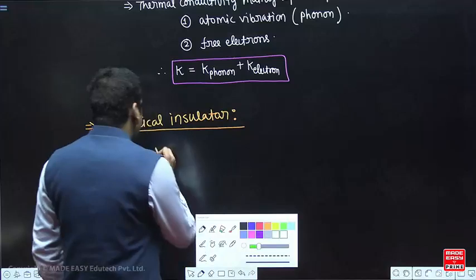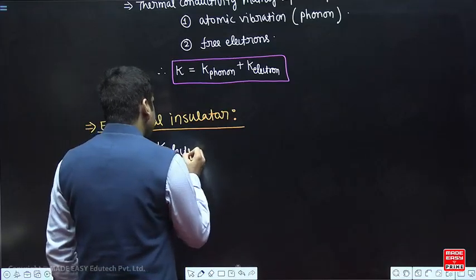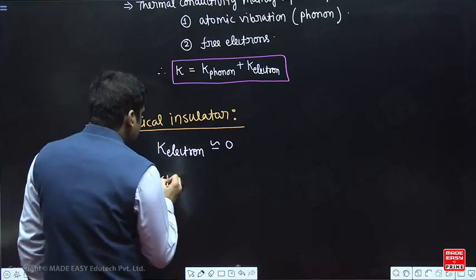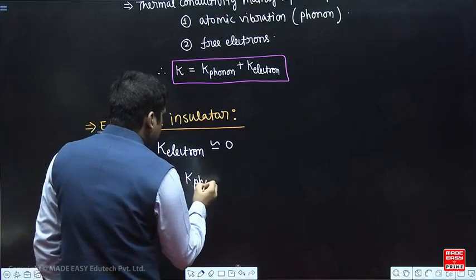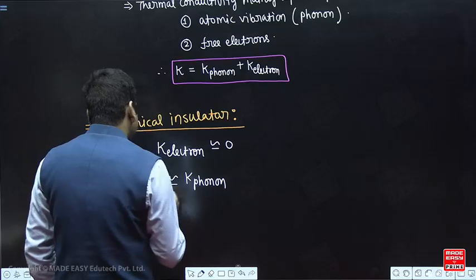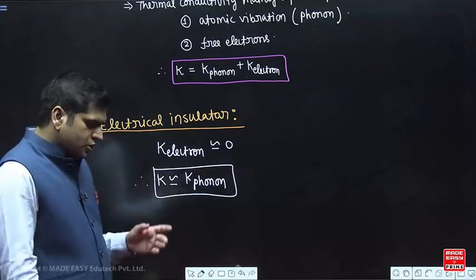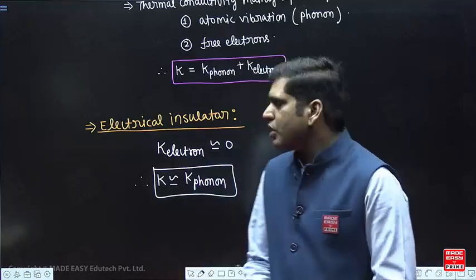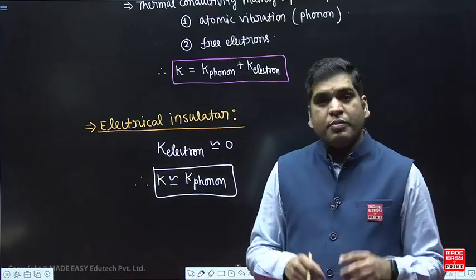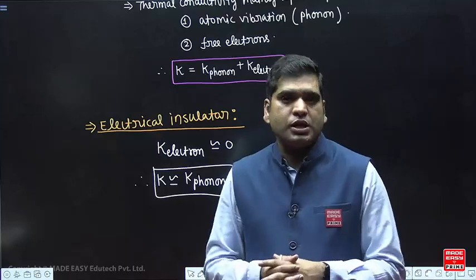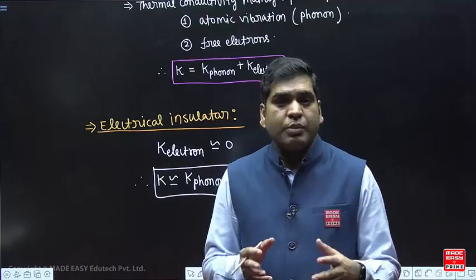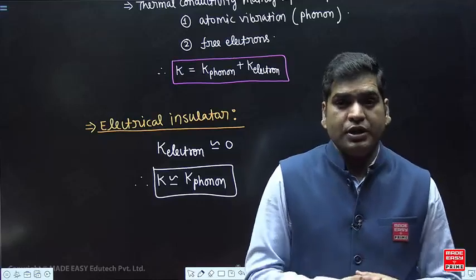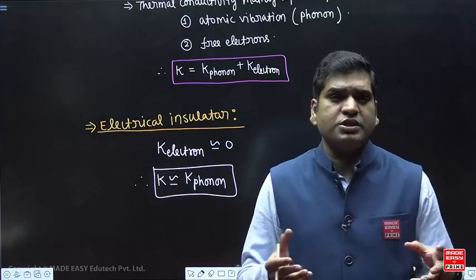So the K electron component is negligible for this material, and then the overall thermal conductivity is mainly because of atomic vibration. Generally, materials which are bad conductors of electricity are also bad conductors of heat, because one factor is absent. But there are a few exceptions. One of those exceptions is diamond.